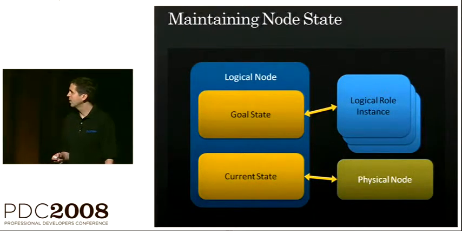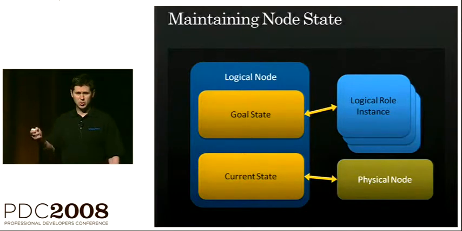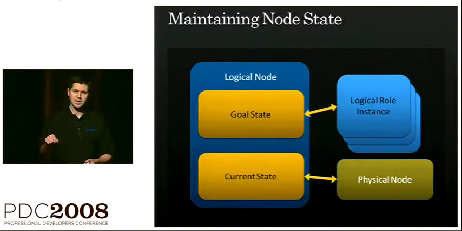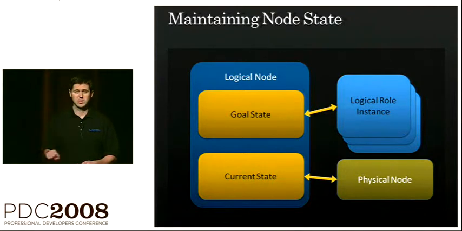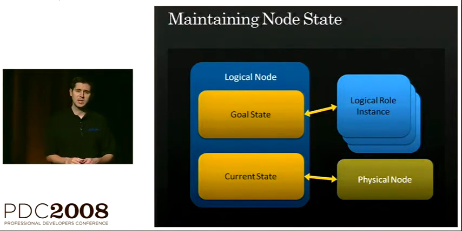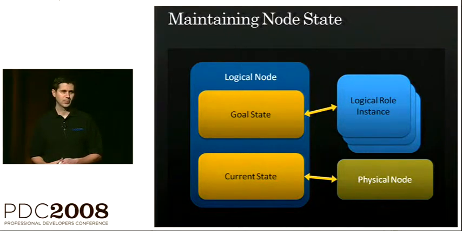Here's a zoomed in example. Based on the logical nodes that we connect to a machine or logical role instances that we connect to a logical node, that implies or derives a goal state for that machine. So as soon as we bind a role instance from your service to one of our nodes, that instantaneously, as soon as it happens, has essentially changed the goal state for that node.